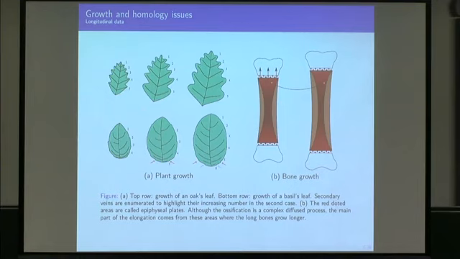In plant growth, we have two examples of two types of growth. On the first row, so actually I picked those drawings from a time-lapse video that I found on YouTube.